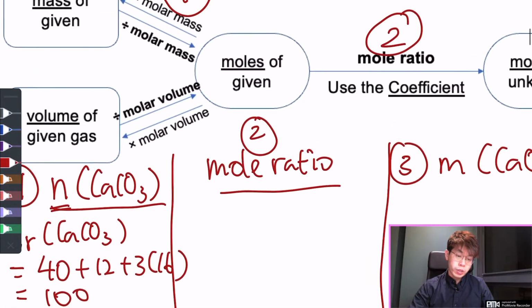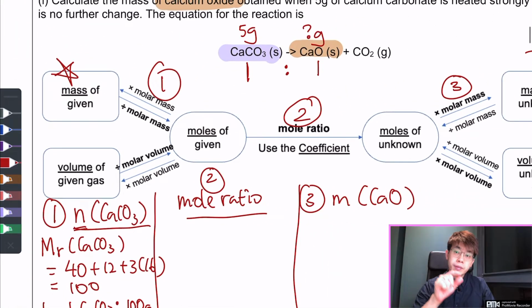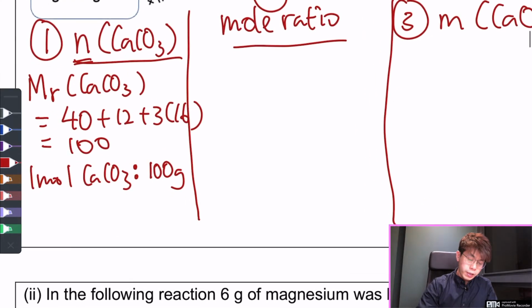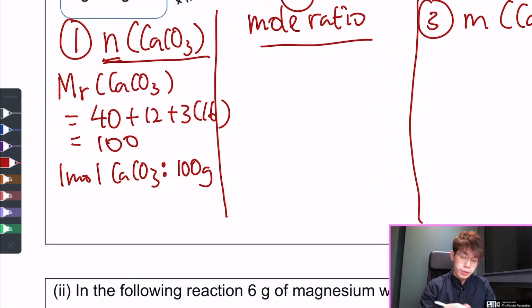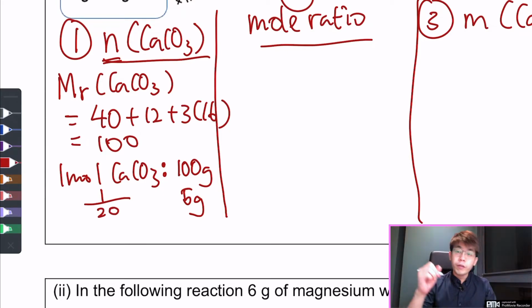But in this question, I'm given that there is 5 grams of calcium carbonate. So if 1 mole is 100 grams, 5 grams of calcium carbonate is actually 1 divided by 20, or 5 divided by 100. Maybe I write 5 divided by 100, then it's easier for you to understand.